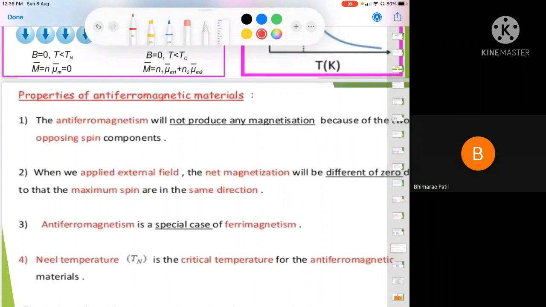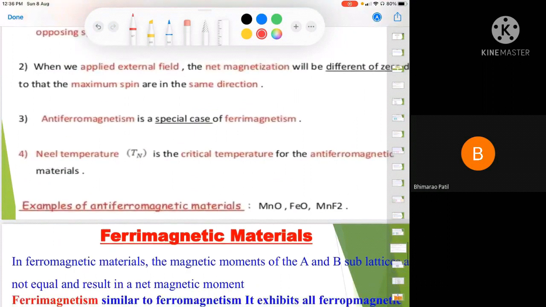Antiferromagnetism is a special case of ferrimagnetism. The Néel temperature is the critical temperature for antiferromagnetic materials. Examples of antiferromagnetic substances are MnO, FeO or MnF2.